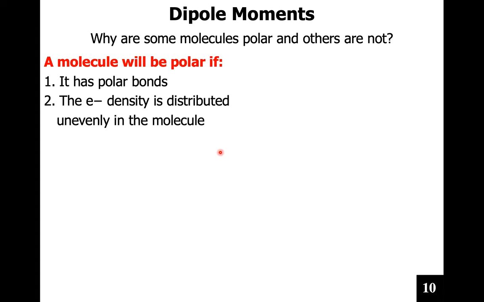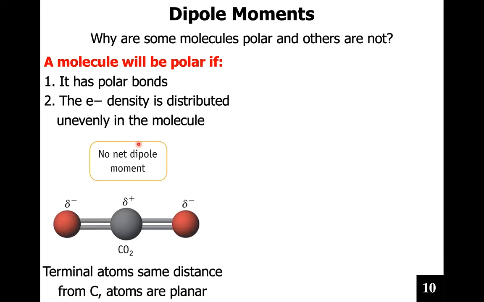All right, let's see what it takes for a molecule to be polar. It has to have polar bonds, and it has to have an electron density that's distributed unevenly. So let's see what that means. CO2 is a nonpolar molecule, and it has two very polar bonds in it.